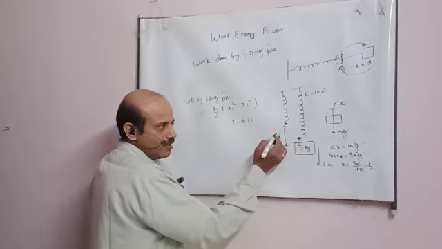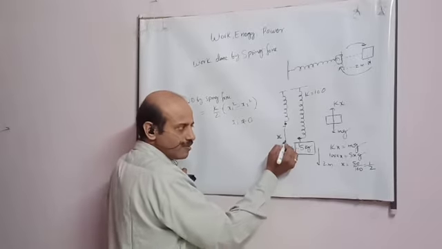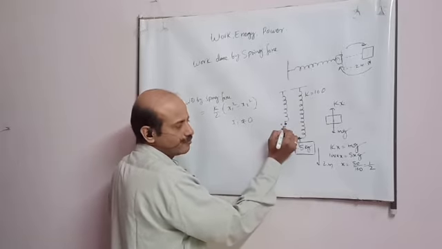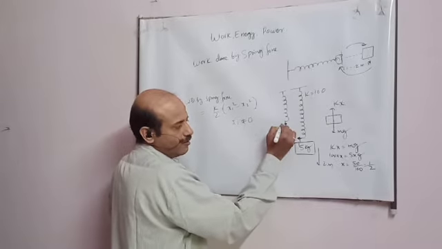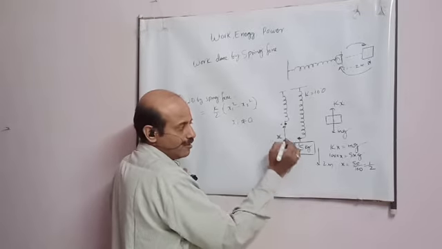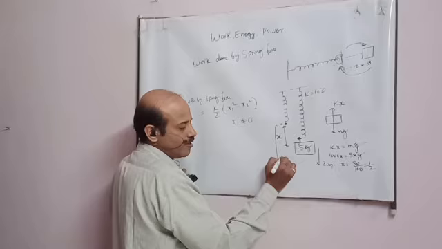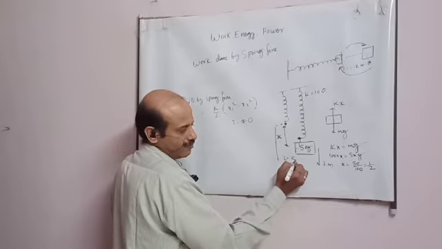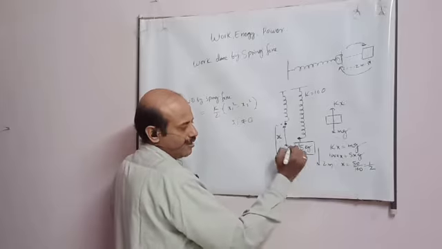One more thing, student, this was the initial position, half plus 2 means from here the spring was stretched up to here with the help of this. So this final position will be, student, 2.5. This is half, 2.5.